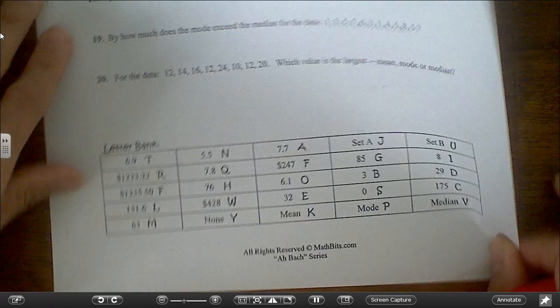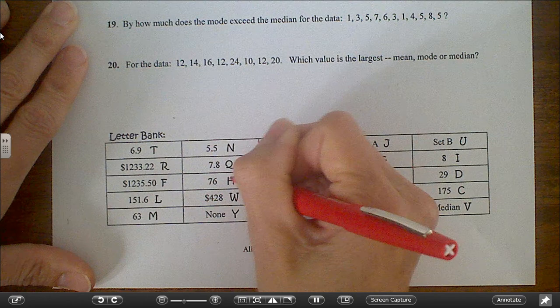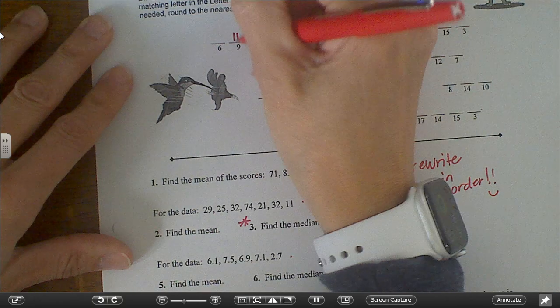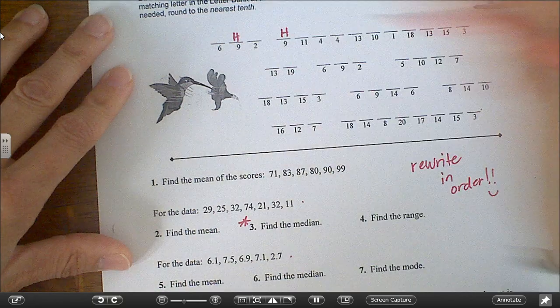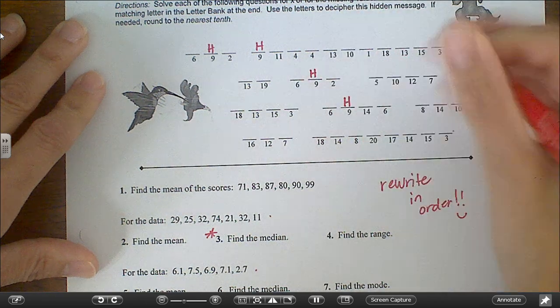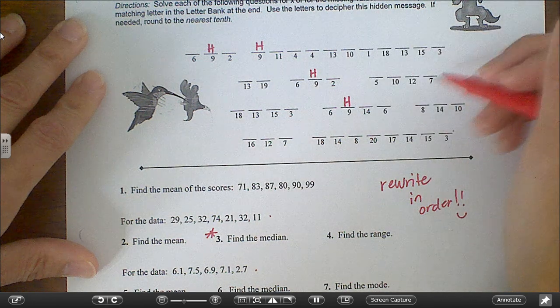And then I assume on the back you have your letter bank, because of course there's a back to this, right? So you look for 76, which is H. So number 9 is H. And then, of course, anywhere you see a 9, you put an H. There seem to be a lot of them on here. I think I got them all.